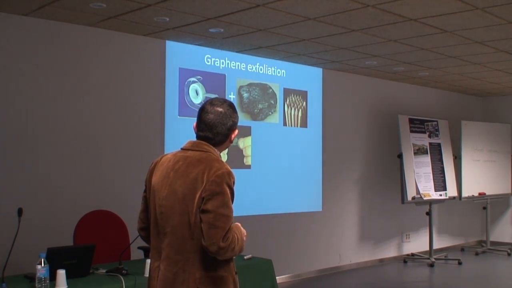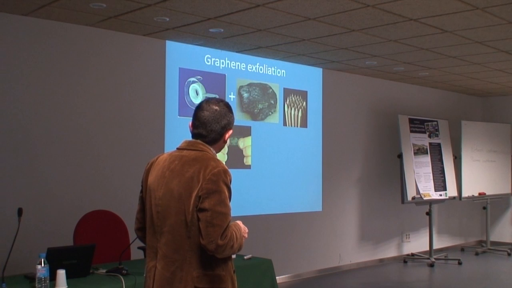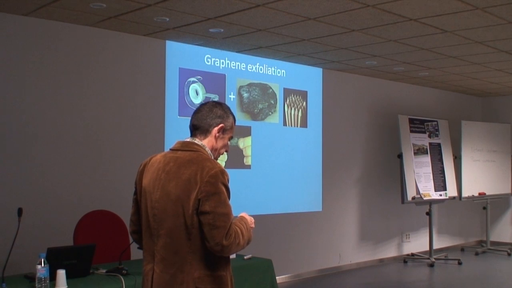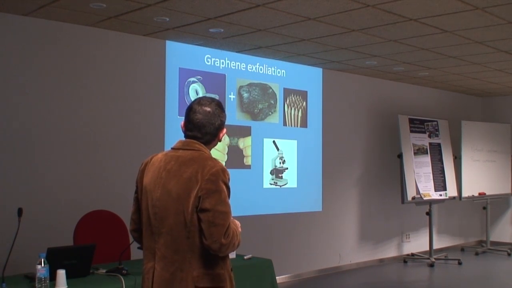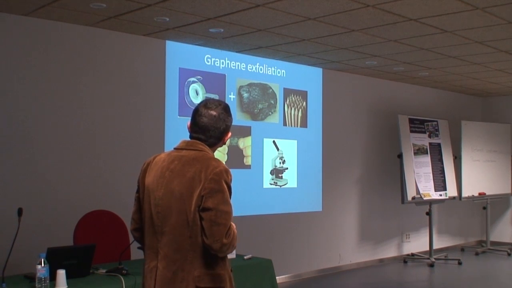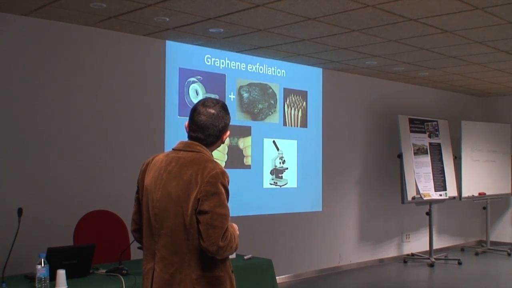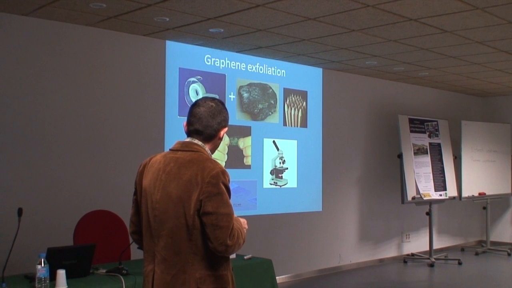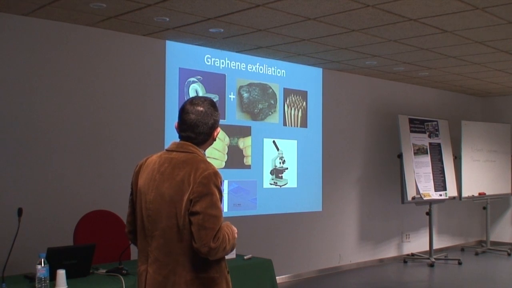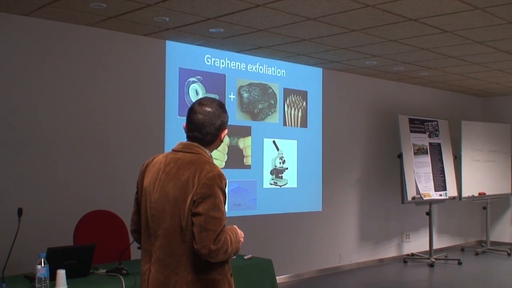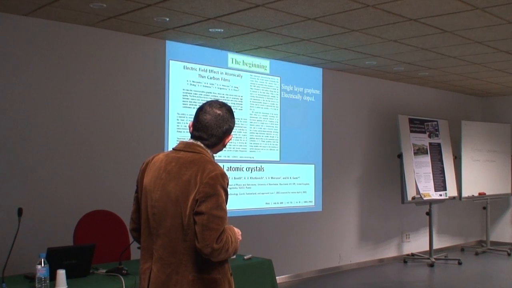This is the famous way of fabricating graphene, which led to the Nobel Prize 2 years ago. You are probably all familiar with this technique, and at the end of the day what you have is these very tiny bluish flakes which eventually you can identify as monolayer graphene.